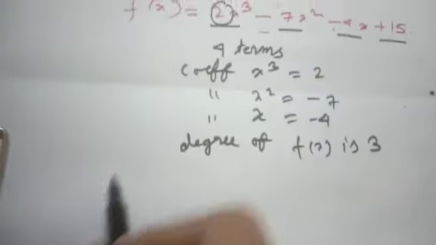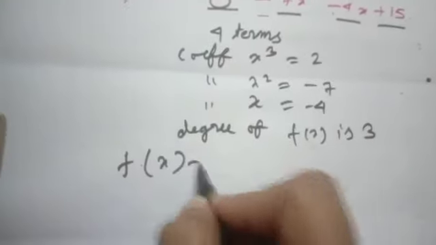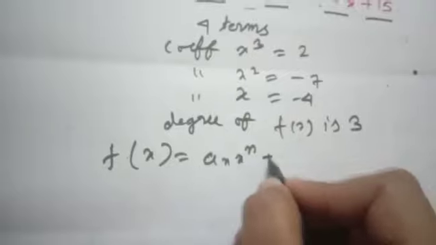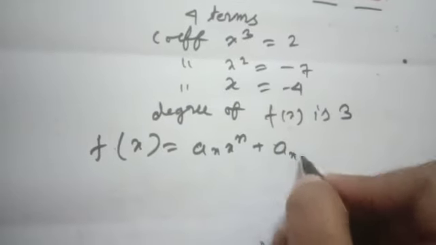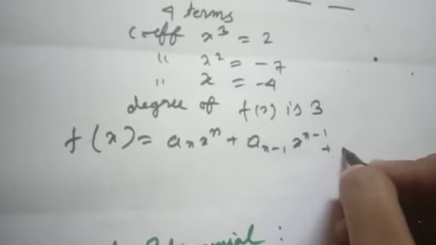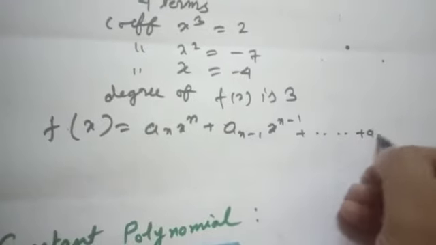Here we write f(x) equal to an x to the power n plus an minus 1 x to the power n minus 1 plus dot dot dot plus a1 x plus a0.